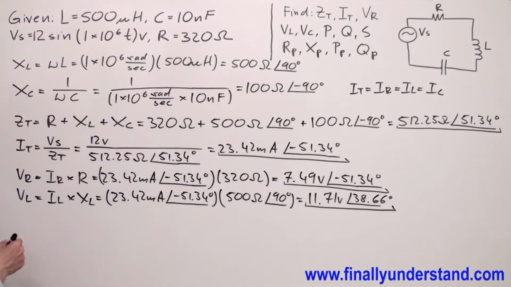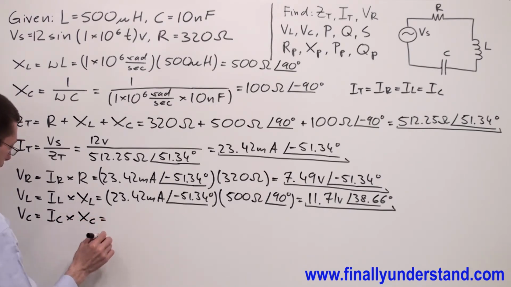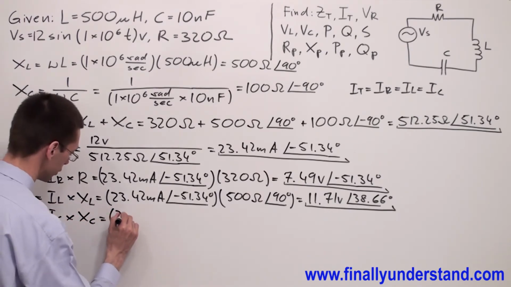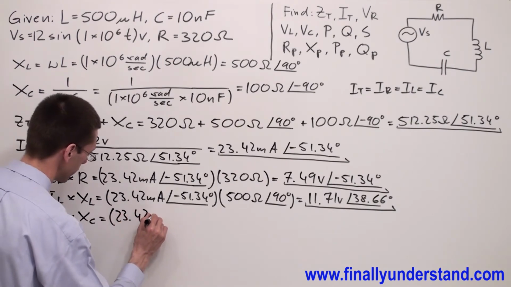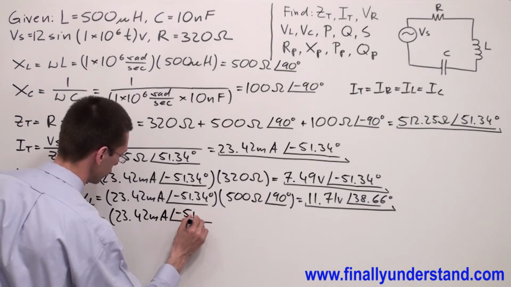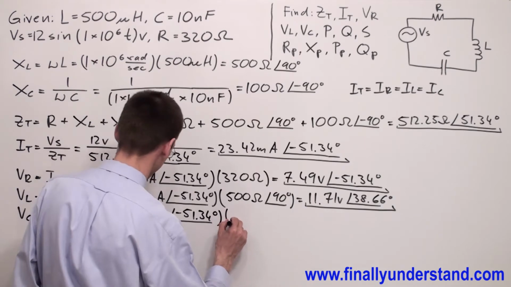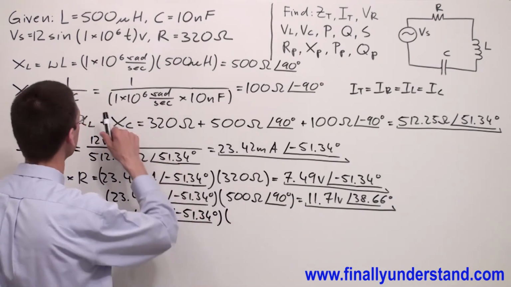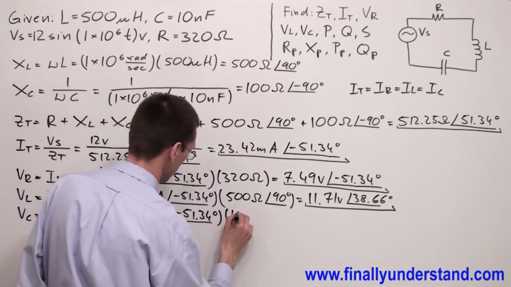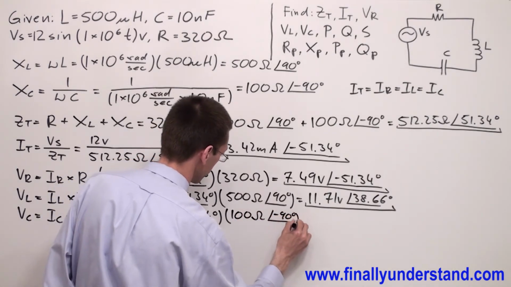Next, we're supposed to find the voltage across the capacitor. VC is equal to IC times X of C. So again, I have 23.42 milliamps and angle of negative 51.34 degrees, times X of C, and we found that X of C is equal to 100 ohms and angle of negative 90 degrees.